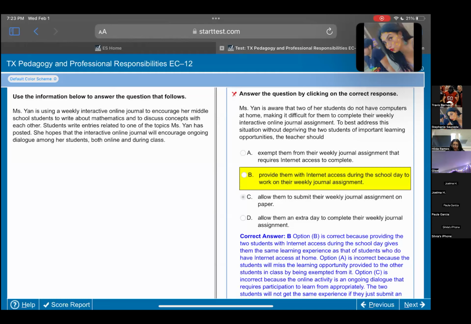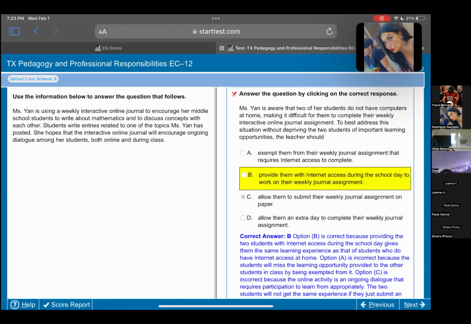Like most junior highs have a Google device, like a Google computer, or I know that ECISD, yeah, laptops, they have laptops now. So you're going to have students not have internet at home. They might have the actual tool or resource, but not the internet access is what you'll find.